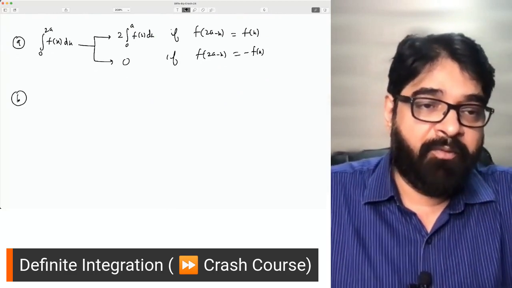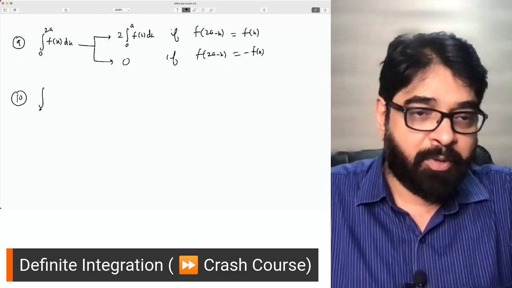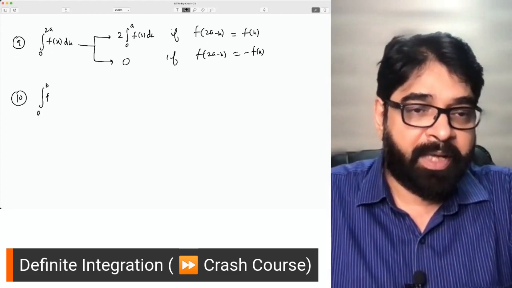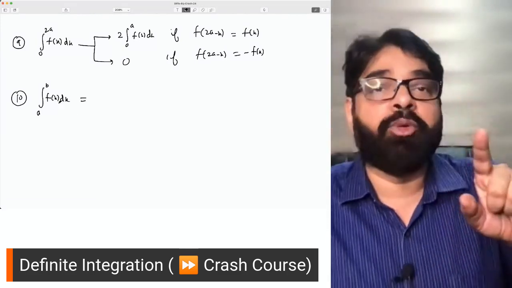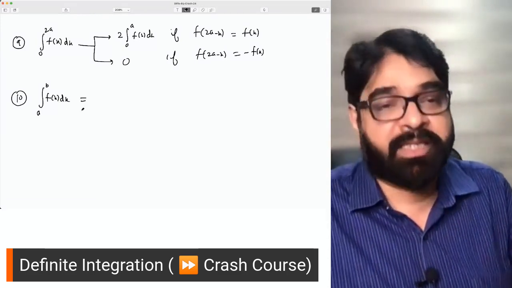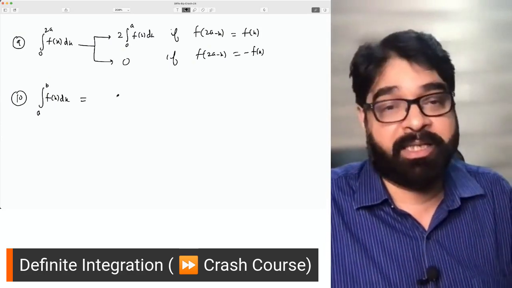Next one, a very important property: the shifting property. Suppose the integral from a to b of f(x) dx is there. I want x to be replaced by x plus c.